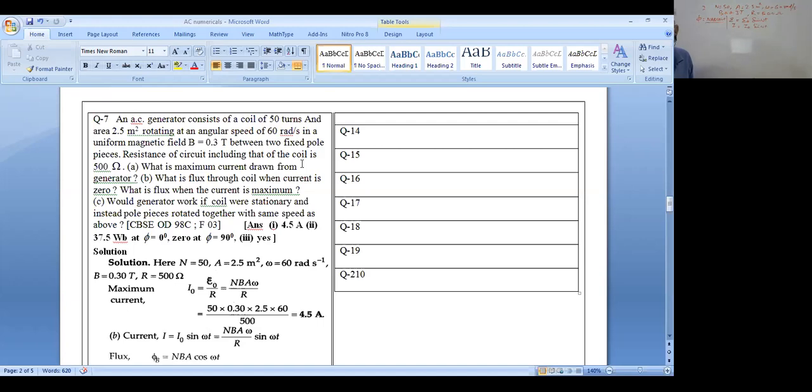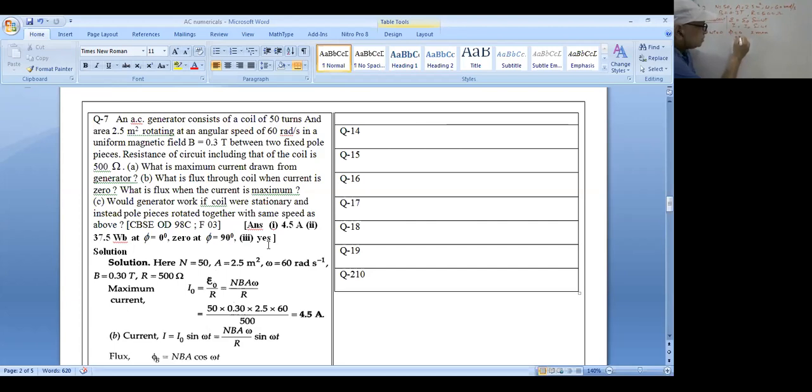How can you say there is a 90 degree phase difference? At any time, say this is 0, so cos 0 is 1, and sin 0 is 0. So if it is 0, flux is maximum and current and voltage are 0.